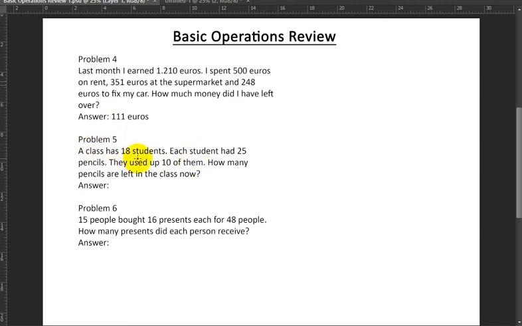And to find how many pencils there are overall, I need to multiply the number of pencils each student has left, so 15, with the number of students, so 18. So I need to do 15 times 18. 8 times 5 gives me 40. 8 times 1 gives me 1 plus 4 that I carried over makes 12.